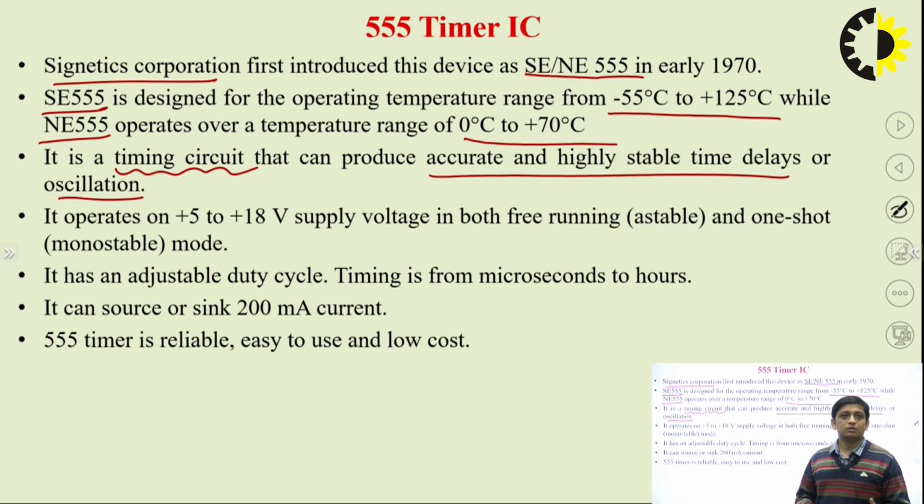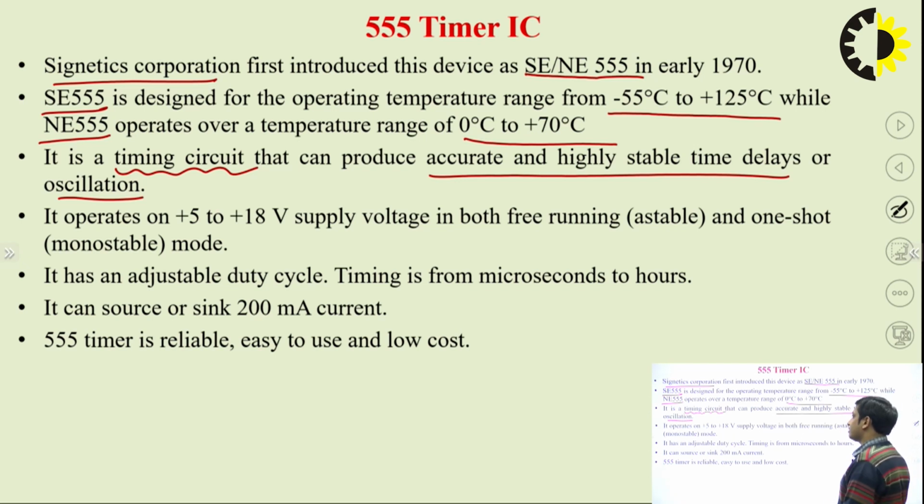In one mode, it is used to generate a pulse of a particular duration, that is the monostable mode, and in the other mode it is used to generate oscillations, that is the astable mode, right? I will discuss the modes of 555 timer IC, but the main purpose is to produce accurate time delays and oscillation.